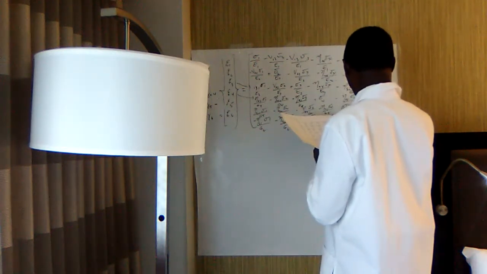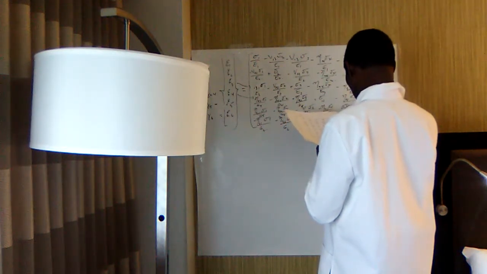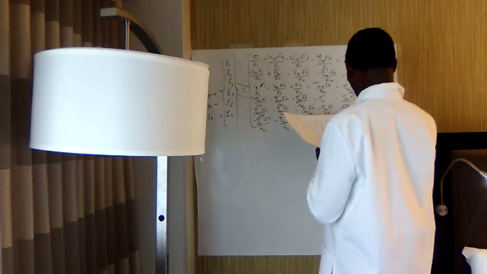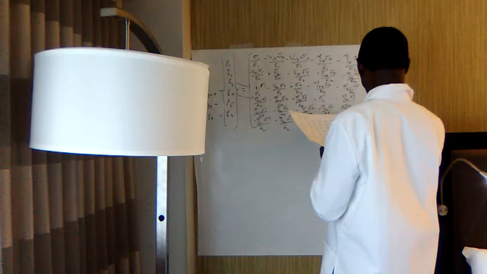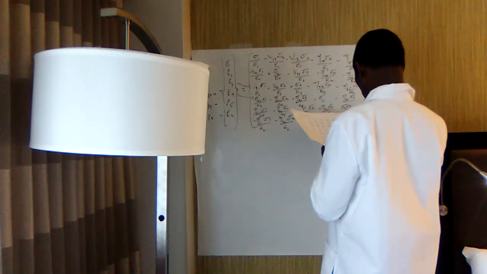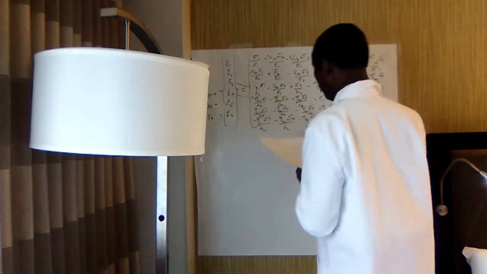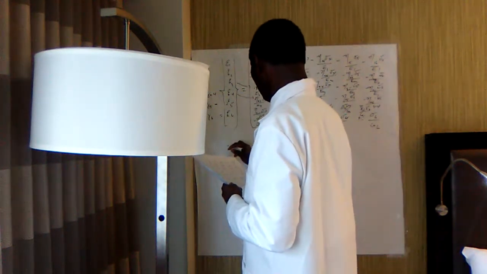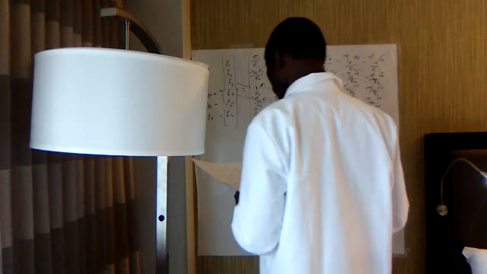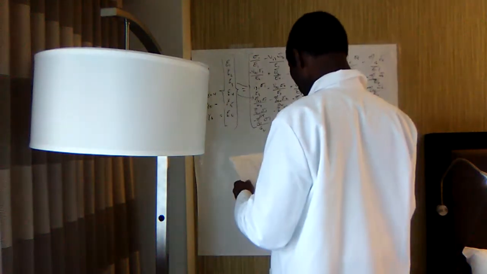Sigma 5 over G5. And 5, 6, sigma 6 over G5. This is a micromechanical thing in elastic stress and strain. And this was the general form.